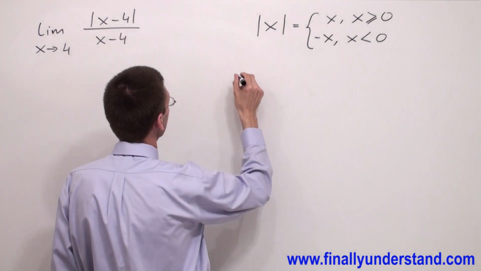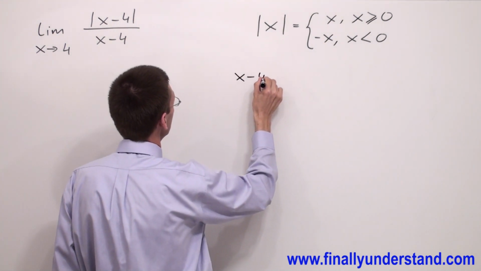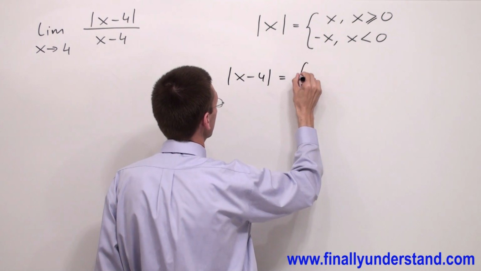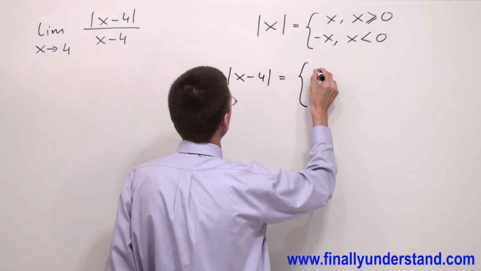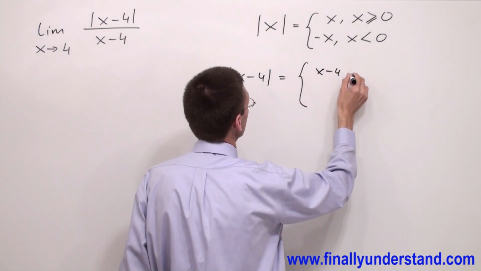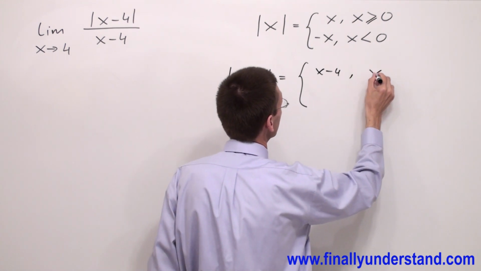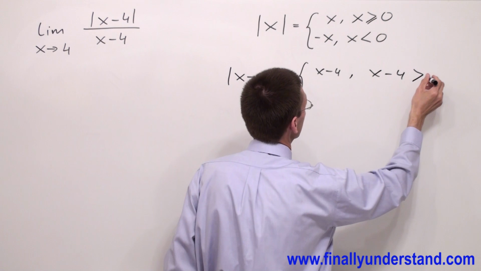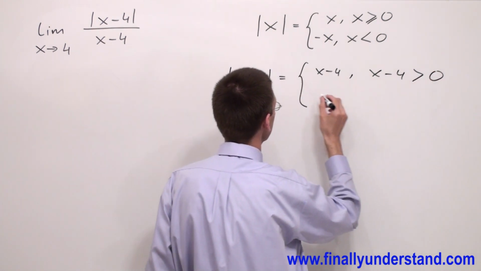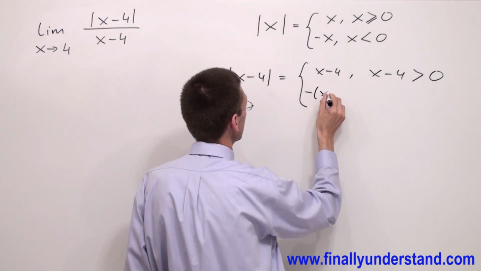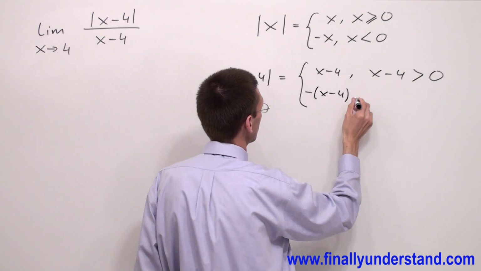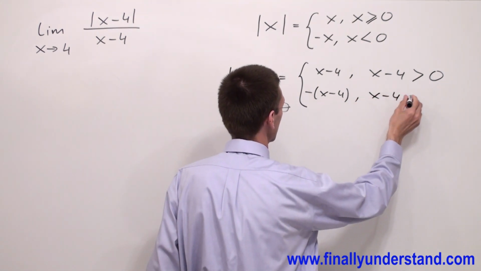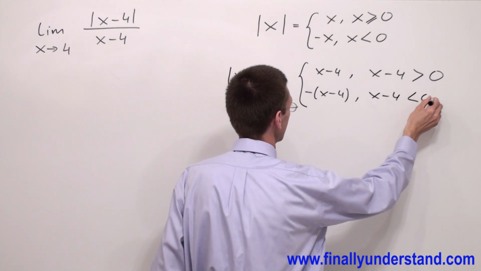I have x minus 4, absolute value, is going to be equal to x minus 4 when x minus 4 is greater than 0, and negative x minus 4 when x minus 4 is less than 0.